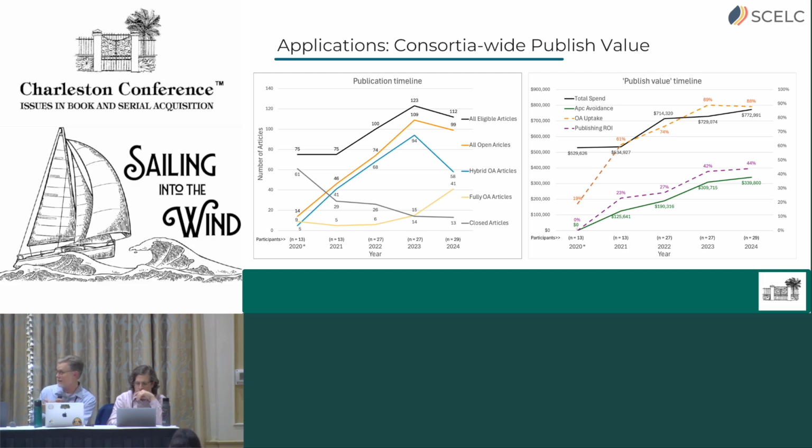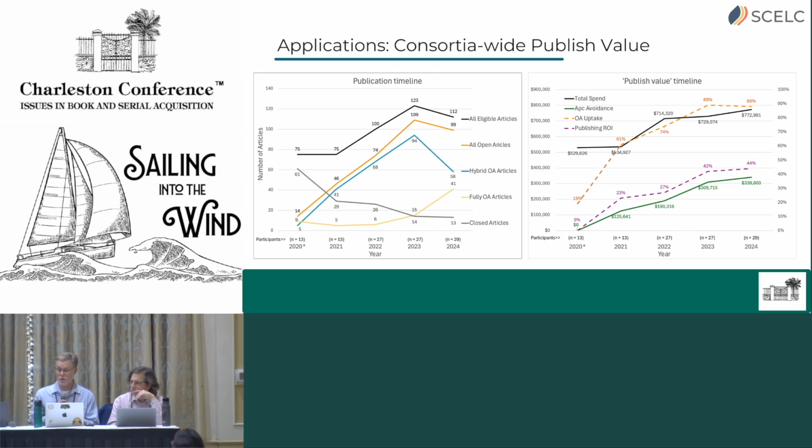The x-axis is going to be the same in each of these figures. Focusing on the left graph, the number of open articles, shown in orange, tripled in 2021, the first year of the agreement. It rose in 2022 with the new joining institutions, but then continued to rise in 2023 as the publisher improved their author-facing systems.